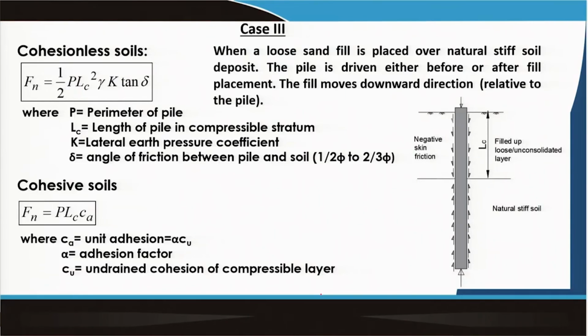The unconsolidated case I am coming to later on. So, that means it is giving your phi value. You can determine it the same way that we did for the first case, the only difference being that the first case was clay and here it is sand. The same way we can determine the value of negative skin friction for cohesionless soil.